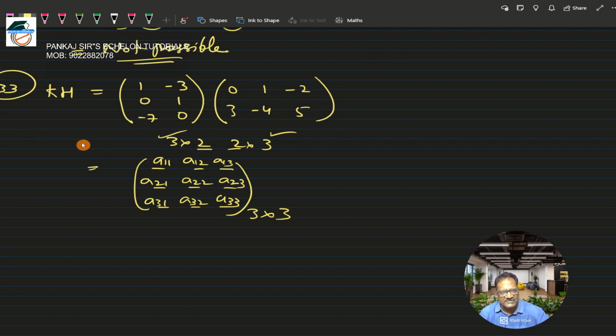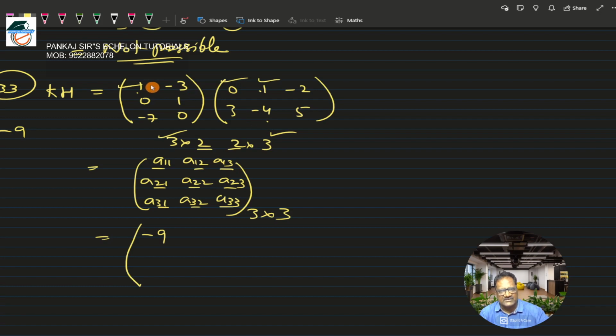A11 will be first row and the first column. 1 into 0 is 0. 3 into minus 3 is minus 9. So I'll write here minus 9. A12 means first row and the second column. So 1 into 1 is 1 and this will be 12.